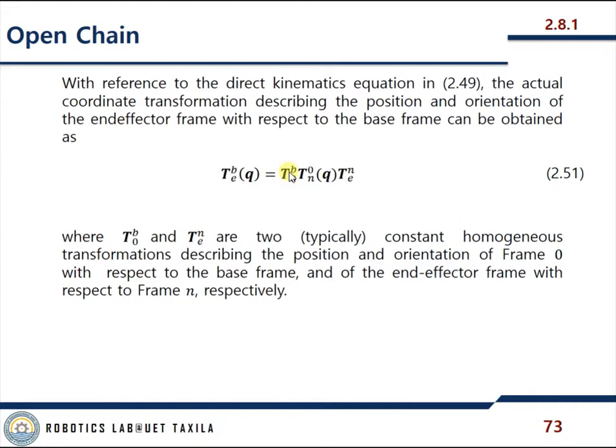Sometimes we make a frame which is fixed, and let's call this the base frame, but on top of that there is a joint which can move, so we call this a zero frame.